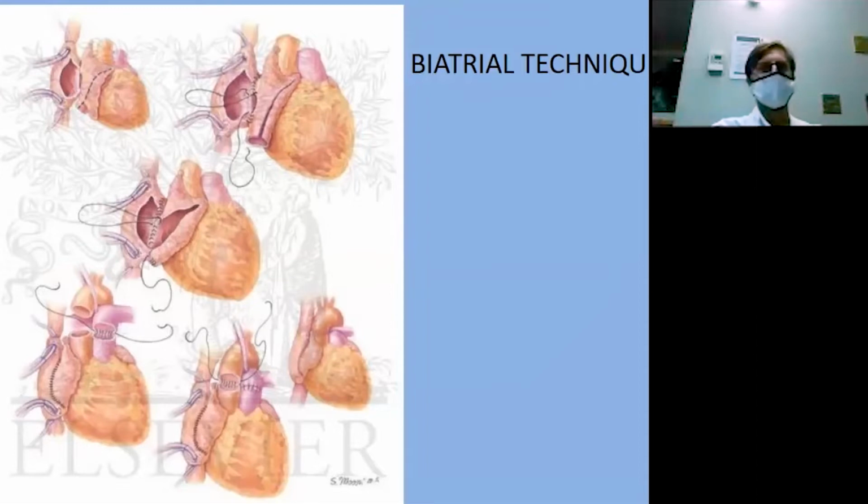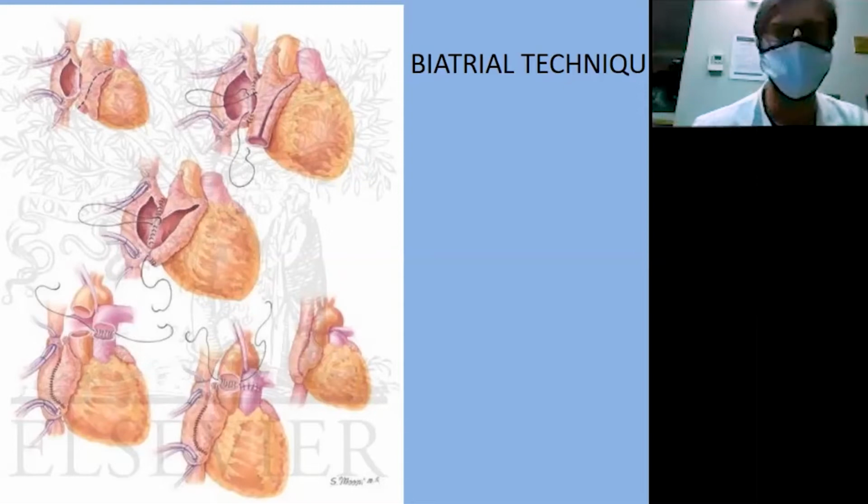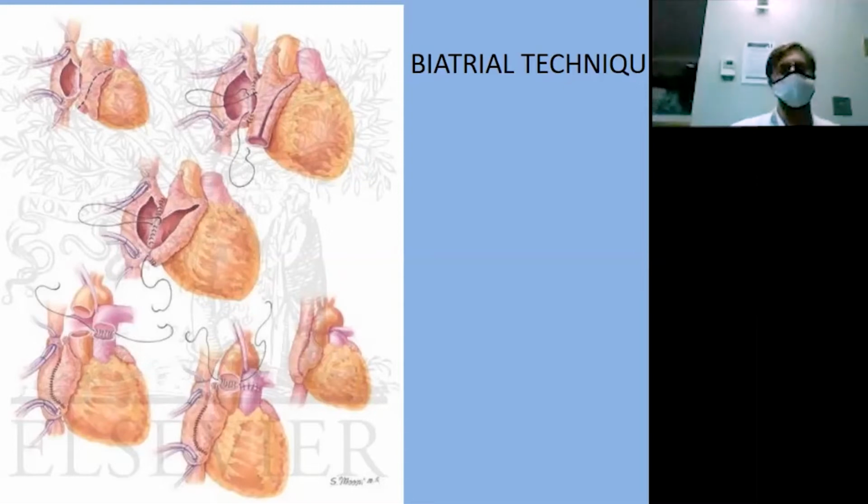So it's important to know that there are two techniques that are done for heart transplants. This is the biatrial technique. Focusing on the right atrium, you can see that they are anastomosing both the donor and recipient atria. So the recipient will have part of his own native remnants of his right atrium along with the new donor right atrium.